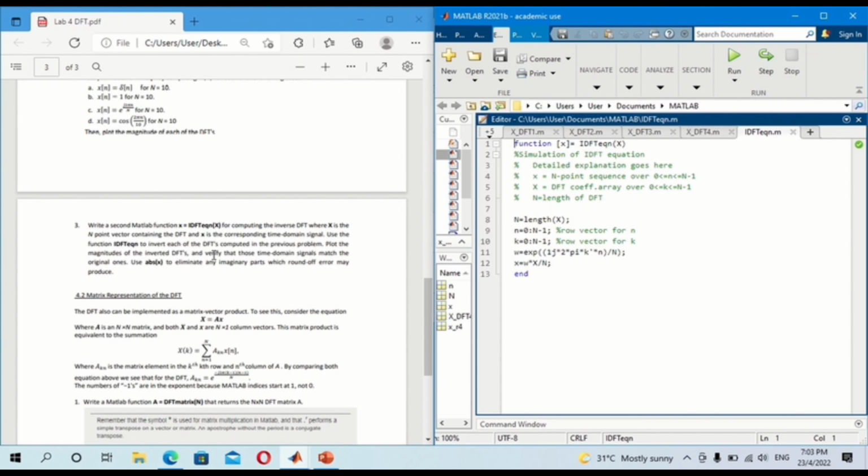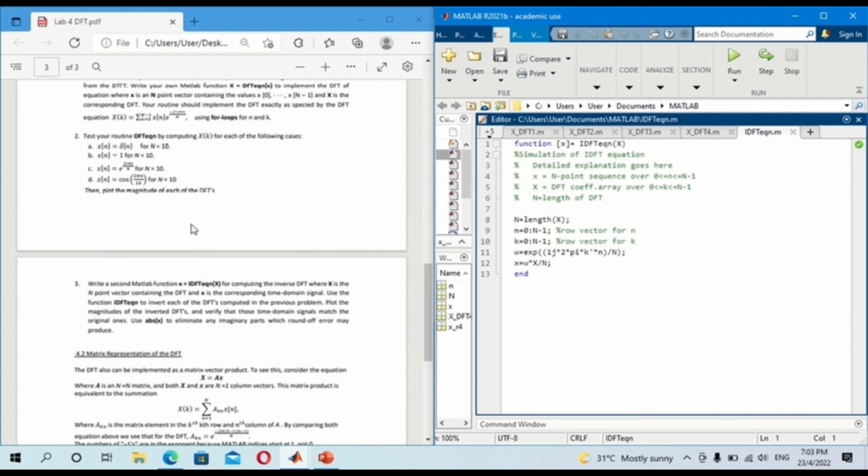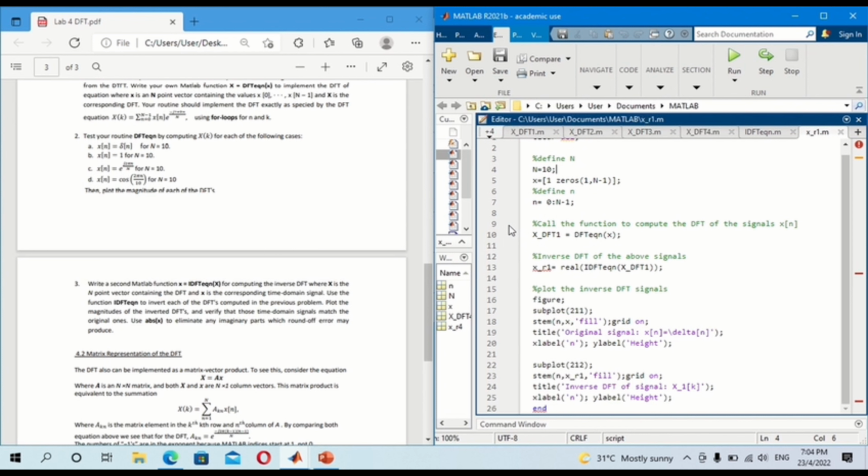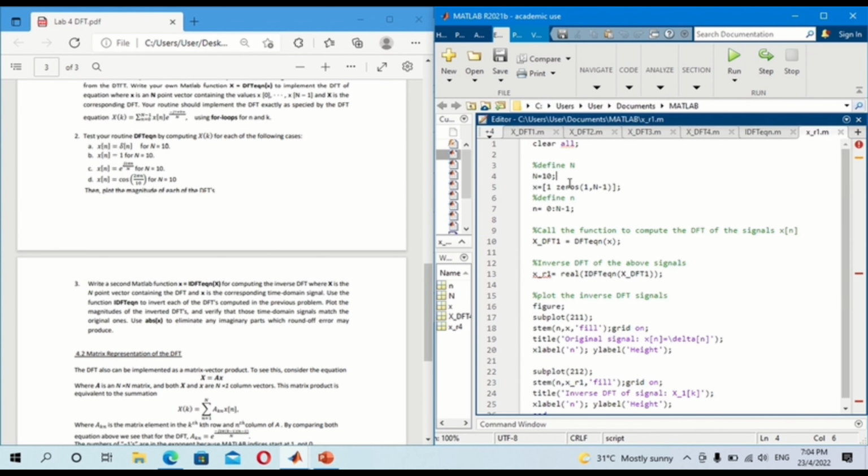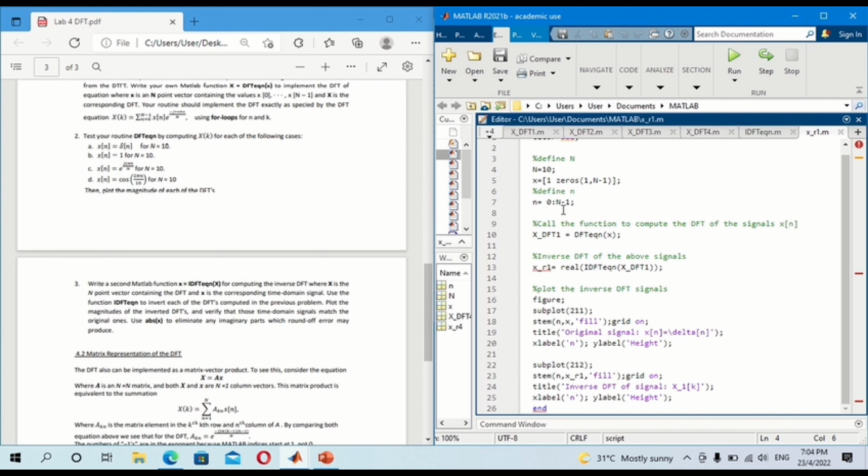We are also required to do the same routine test for each case. For case A, we can test in MATLAB using this code. We need to define our N and x[n], which is zeros(1, N-1). We also define our small n and call the function dft for X. Then we also need to find the inverse DFT of the above signal using this code.